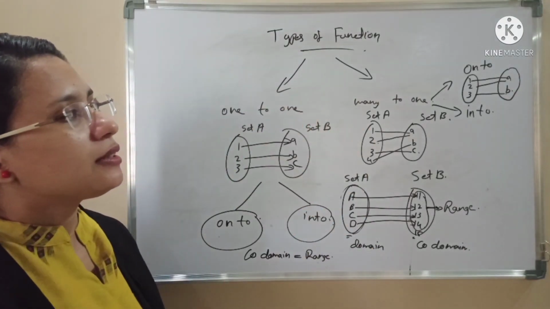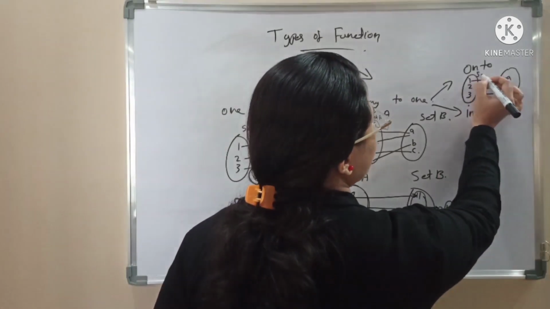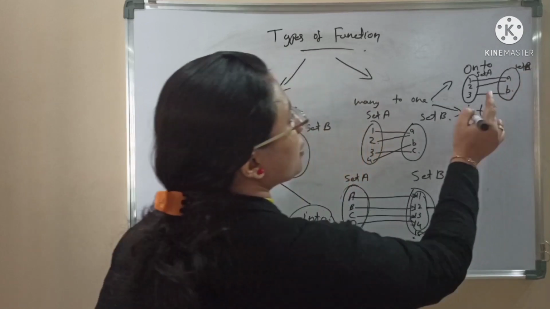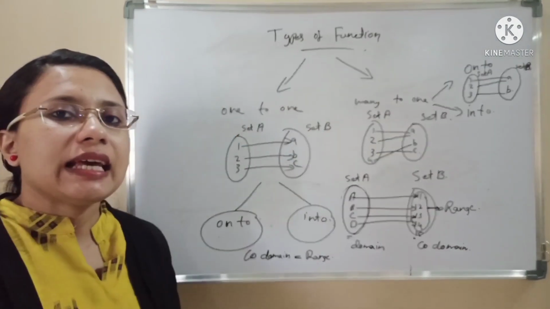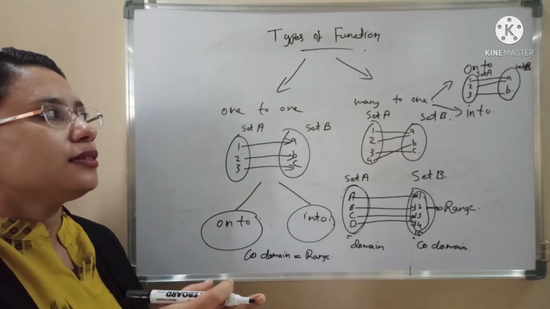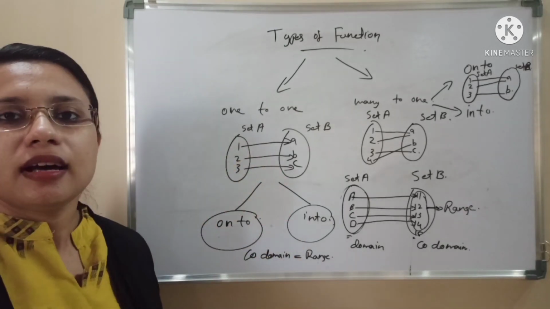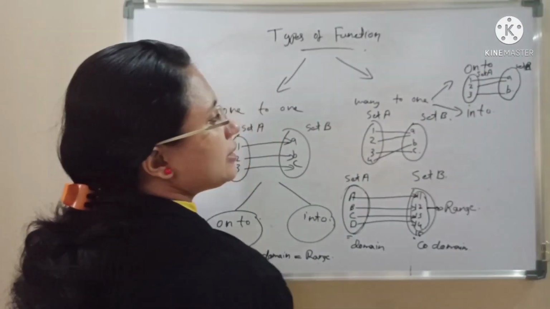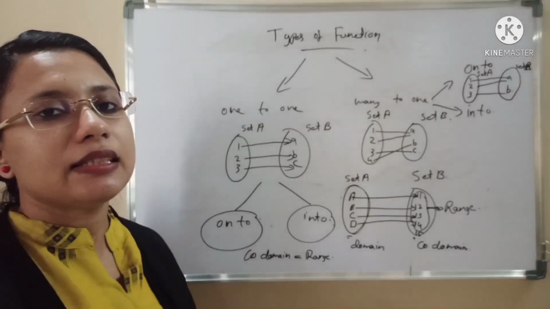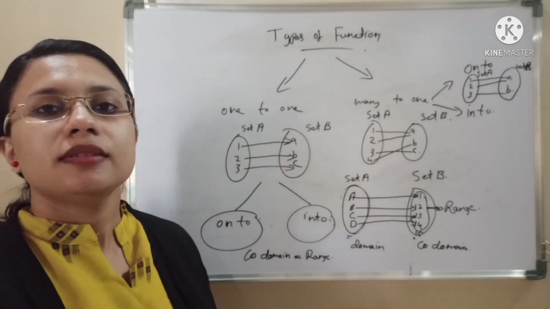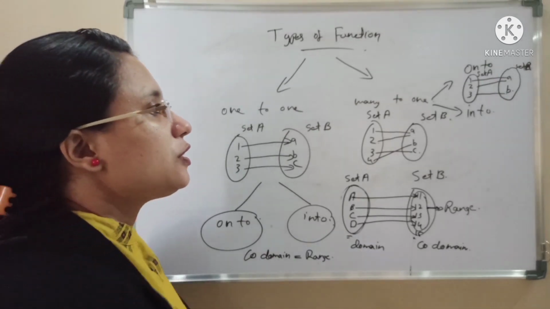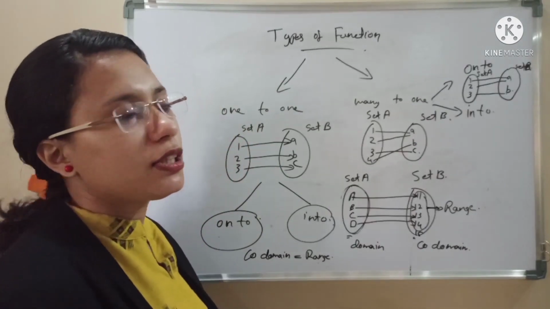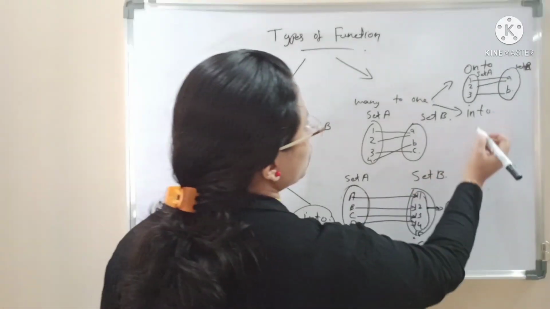All the elements in set A, this is set B, have at least a single relation with some element in set B, right? So all the elements in set B are related with at least a single element in set A. That is onto, and there are no free elements without relation.